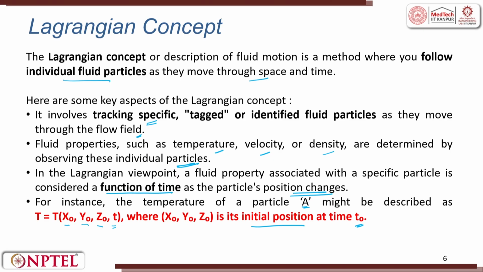As it moves, it becomes x1, y1, z1, t1. If it is n, it becomes xn, yn, zn at time tn, and we can find out the temperature.